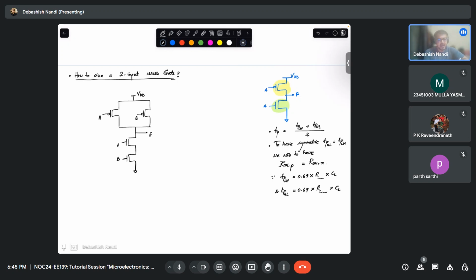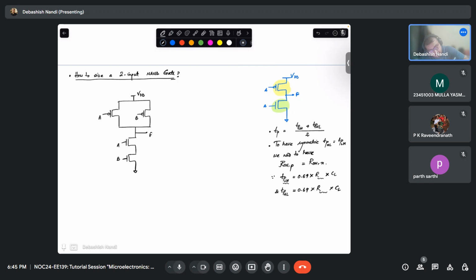You can easily see, right? This is low to high transition of the output. This point I have explicitly mentioned in the last class that LH refers to low to high transition of the output. So low to high transition means what? Pulling up, right? Pulling up the output. That means top network. That means PMOS.